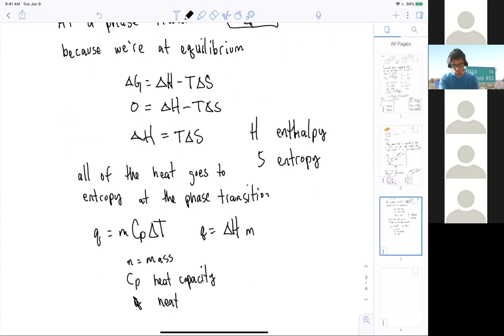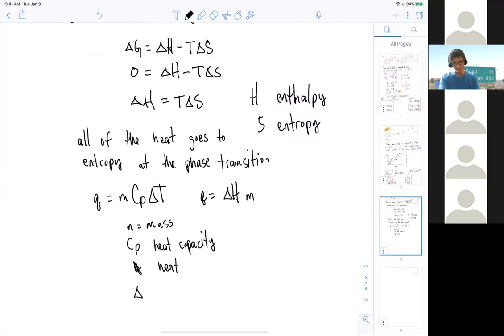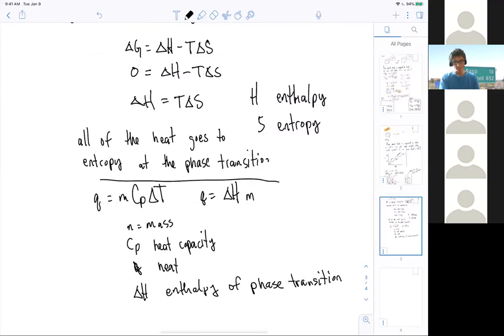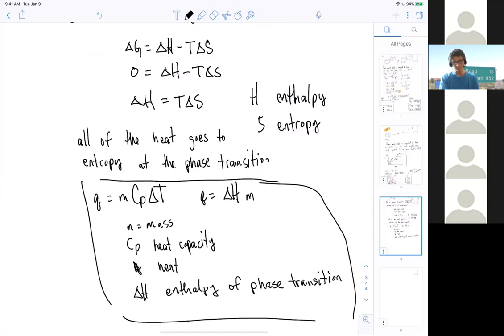What else do I have in there? And then delta H is the enthalpy of whatever phase transition we're looking at, which is a standardized number.